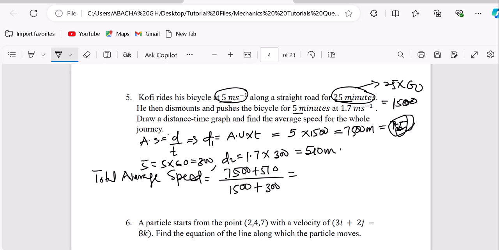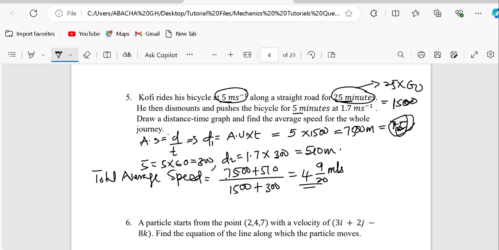And you get 4 whole number 9 over 20 meters per second. That's the average speed for the total journey.